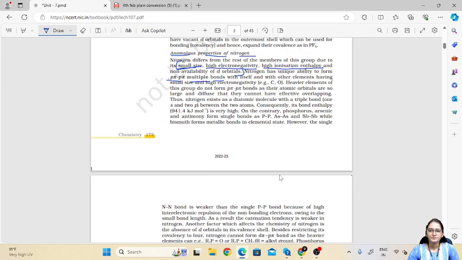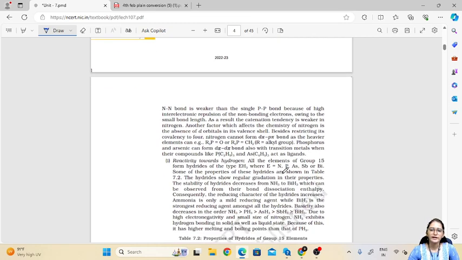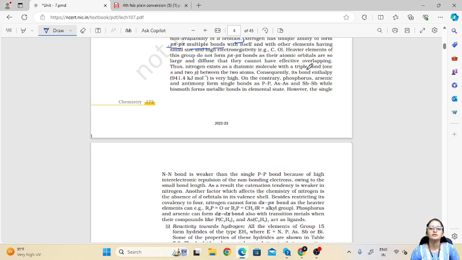And one more reason here is that the bond enthalpy of nitrogen is very high, because nitrogen forms a triple bond, which is very difficult to break. So bond enthalpy will be very high.